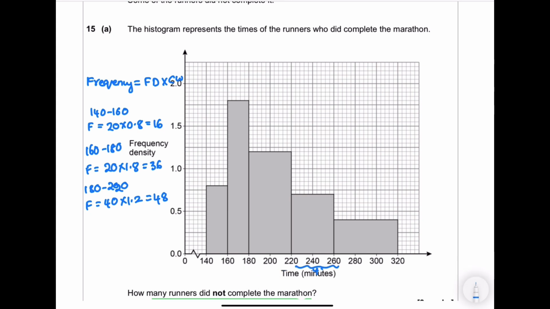Next one is between 220 and 260. The class width is 40 and the frequency density is 0.7, and the frequency is 40 times 0.7, which is 28.